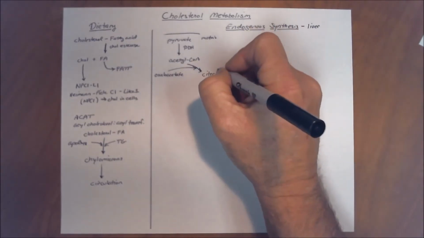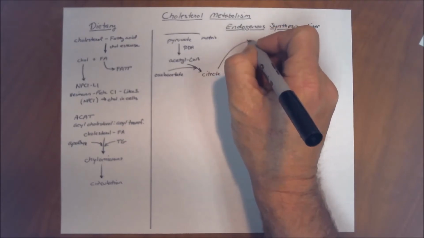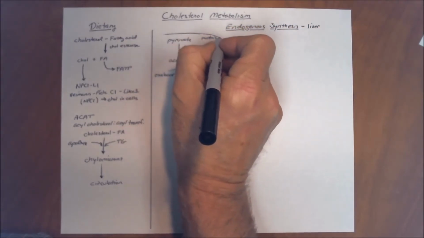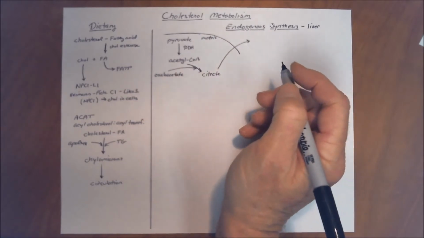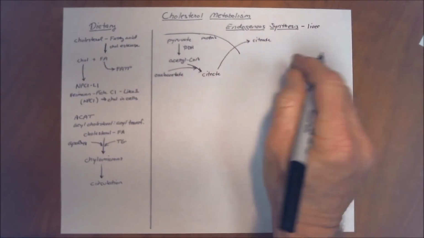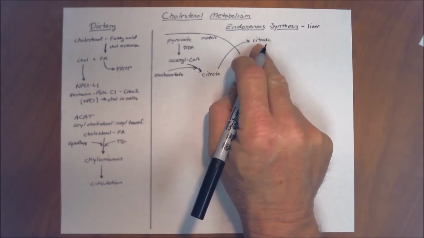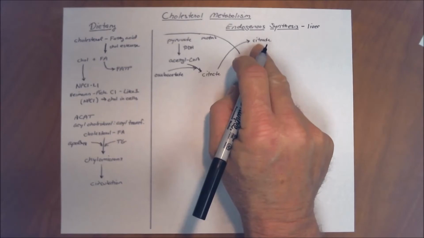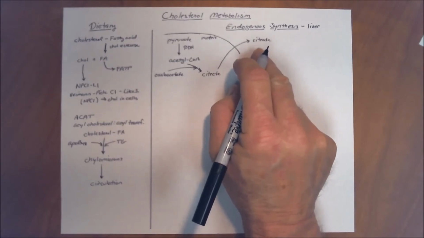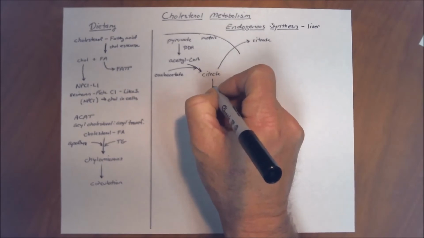The citrate is then transported out of the mitochondria via a transporter, and this citrate in the cytoplasm will be processed further in the next step. But before we look at that, let's look at citrate still in the TCA cycle.